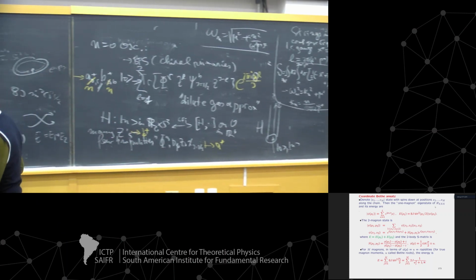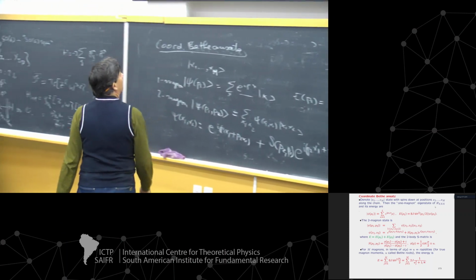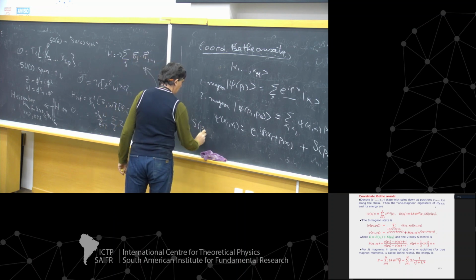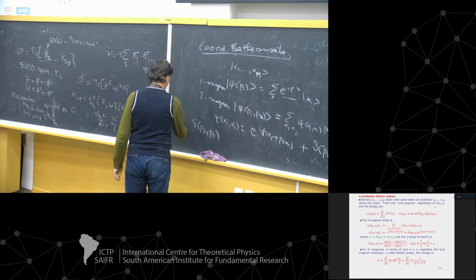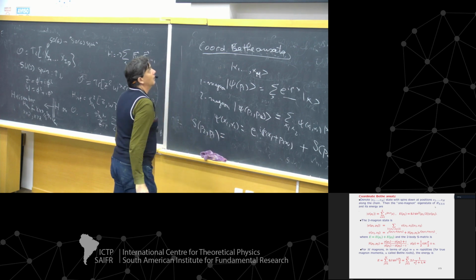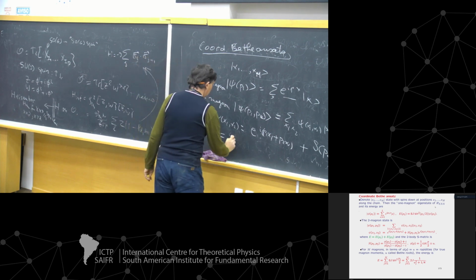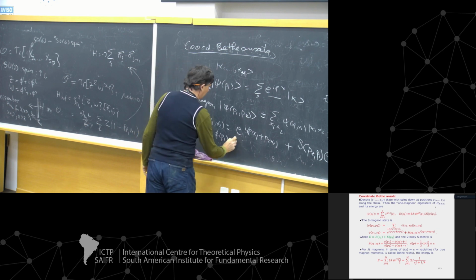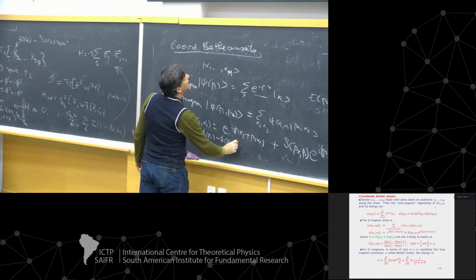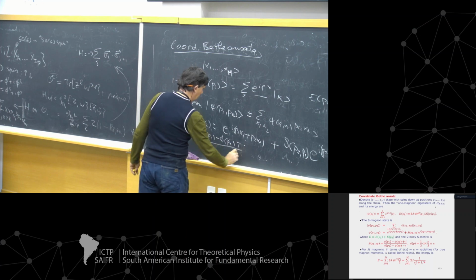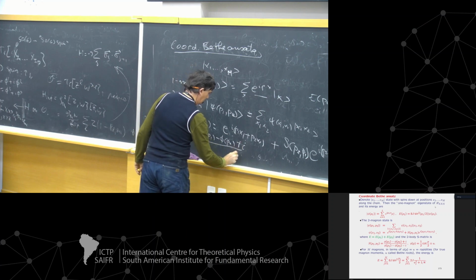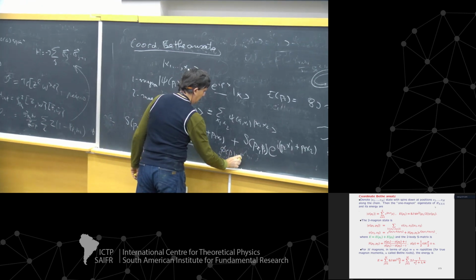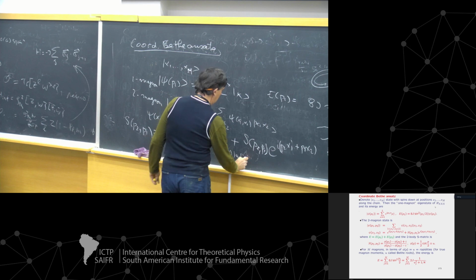Moreover, you find a form for the two-body S matrix: (phi(p1) minus phi(p2) plus i) over the same thing minus i, where phi(p) is 1/2 cotangent of p over 2.